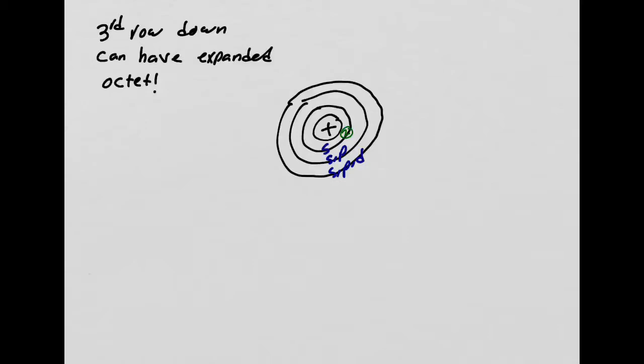If you're on the second level, the maximum number of electrons you can have is 8, right? Because s could have 2, p could have 6, 8 is the max. Now, if you go to the next one, it is 2, 6, and then 10, so the maximum you can have is 18. So what you have over here, you have all these empty d orbitals.